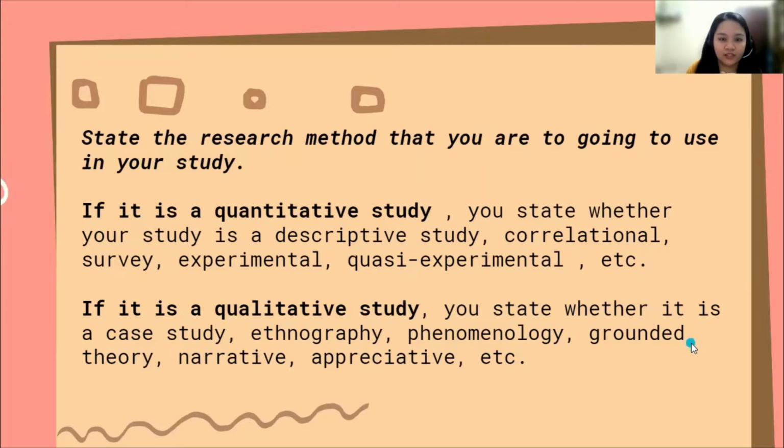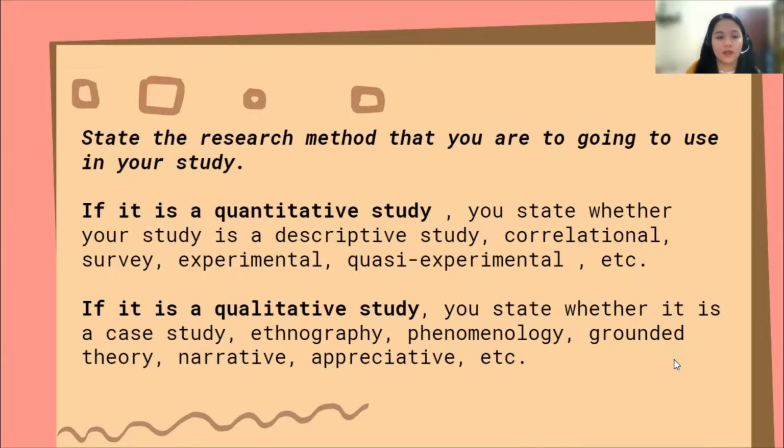So the first thing that you're going to do is state the research method that you are going to use. So you need to familiarize yourself if your study is or can use quantitative or qualitative research method.